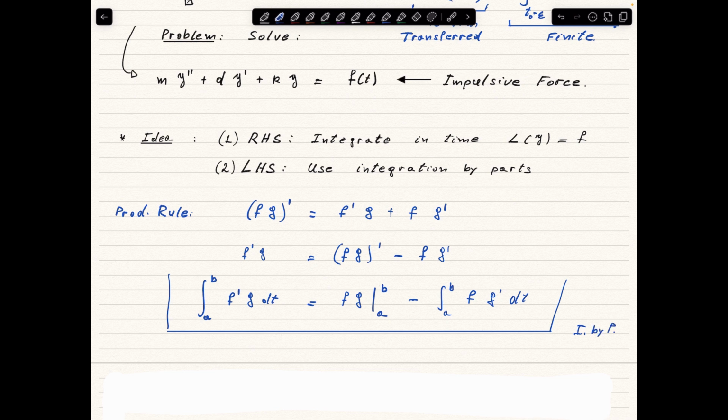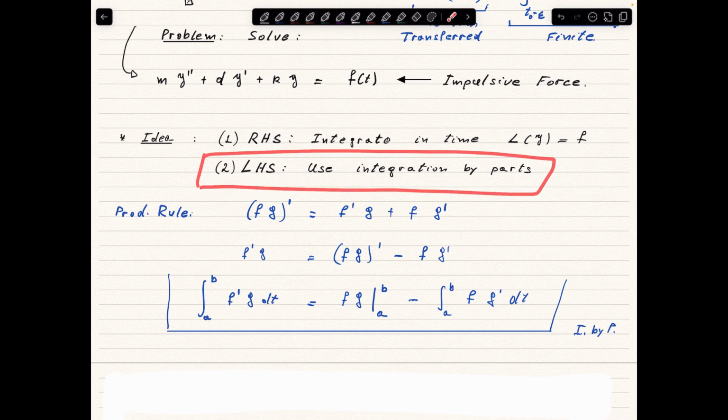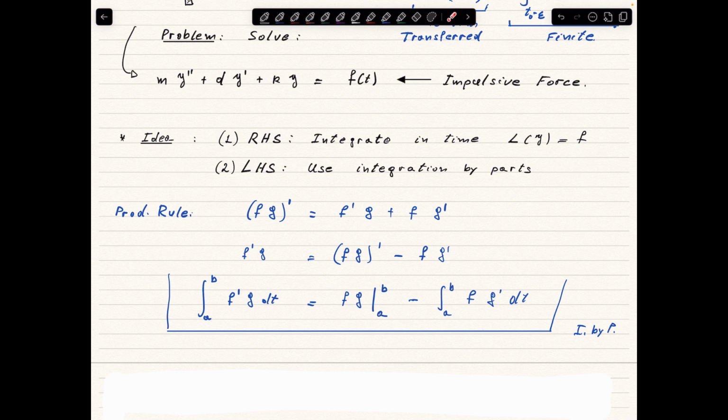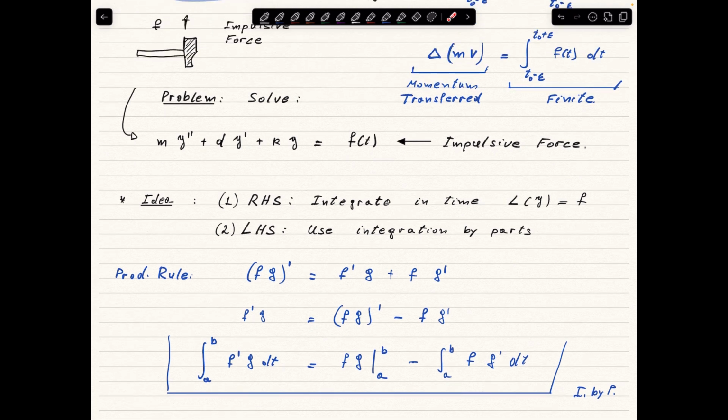This formula, we are going to use it a lot when we deal with the integrals in time of the left-hand side of the equation. To see how we are going to work here on the left-hand side, let's introduce a toy problem. Recall, right now we are forgetting about the impulsive forces.